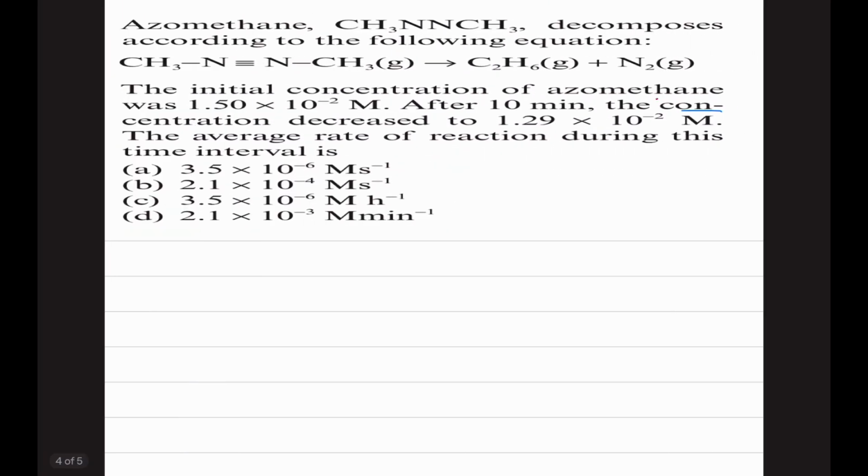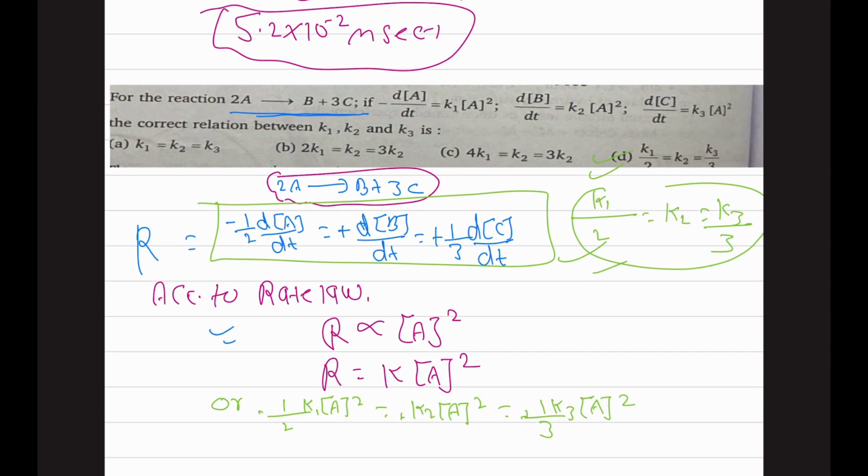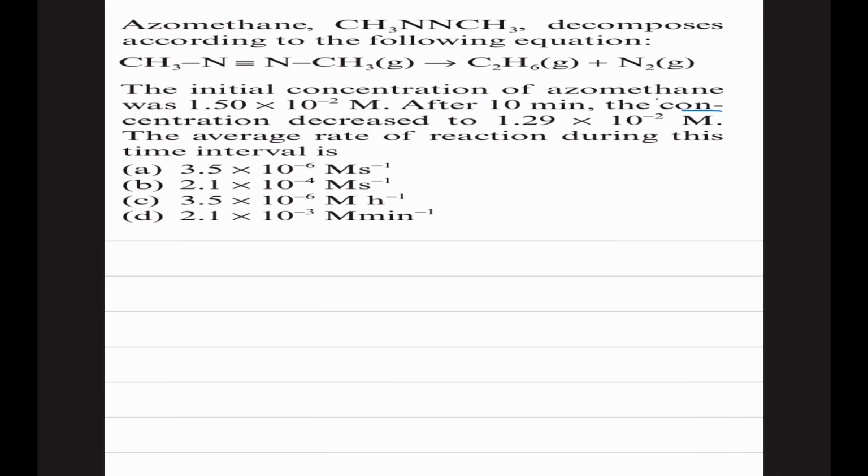Next question. The next question is given about azomethane. See here the question: azomethane CH3NNCH3 decomposes according to the following equation. This equation is given. The initial concentration of azomethane was 1.50 into 10 to the power minus 2 molar.